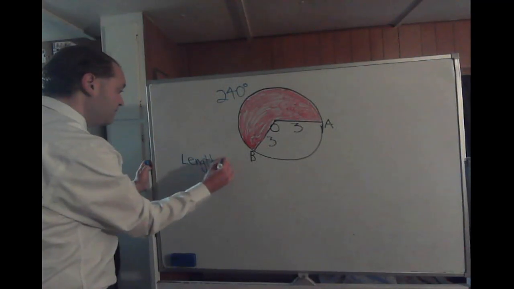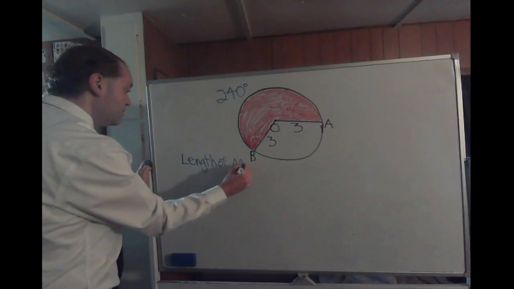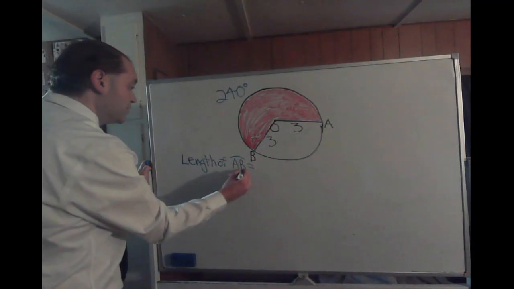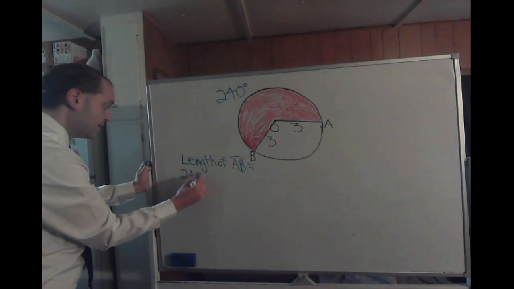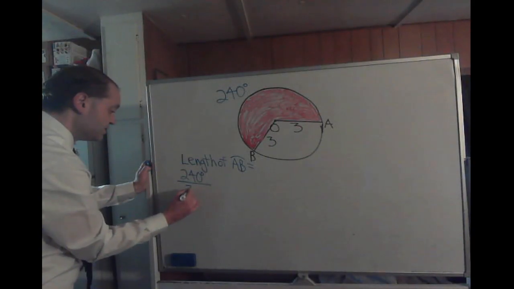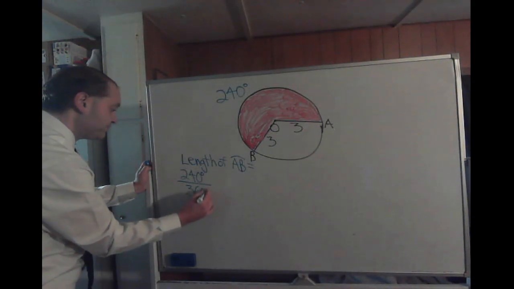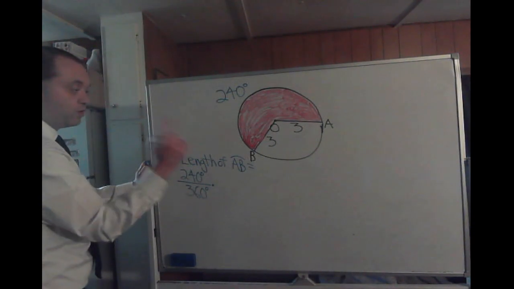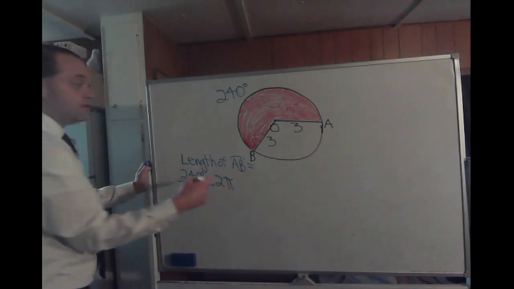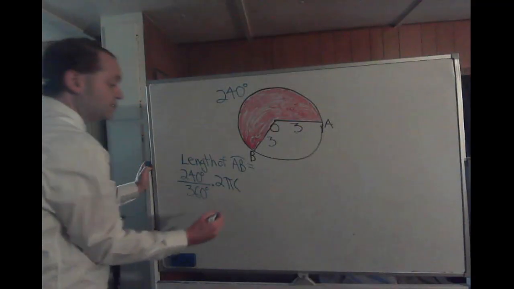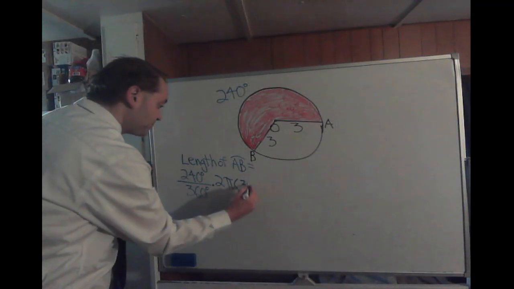The length of arc AB, that of course is going to be equal to your 240 degrees out of 360 degrees times that formula for the circumference of a circle, which would be 2 pi, then times your radius of 3.